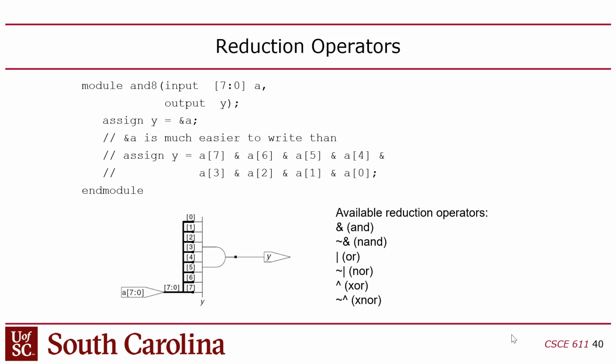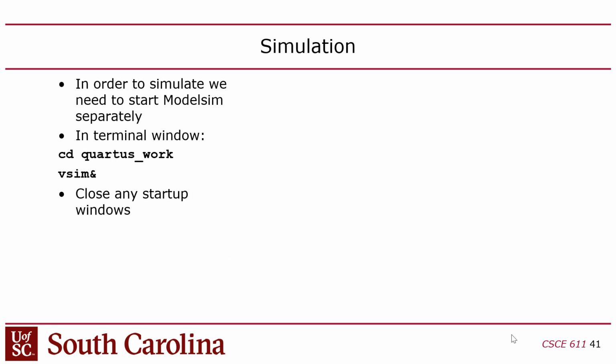So AND A, of course, will just be 1 if all 8 bits of A were ones and 0 otherwise, right? And this is equivalent to writing this. I've never needed to, I don't think, I might have used it actually a few times, but it's kind of obscure.